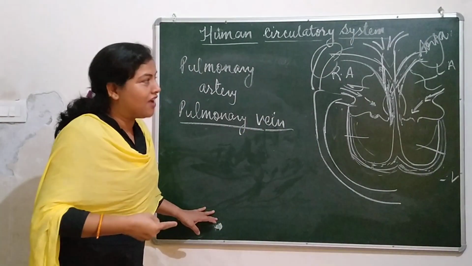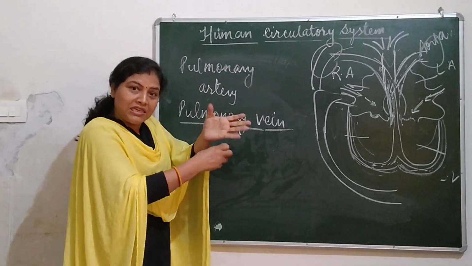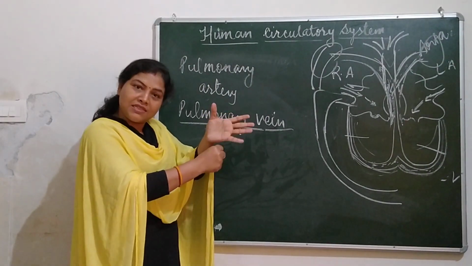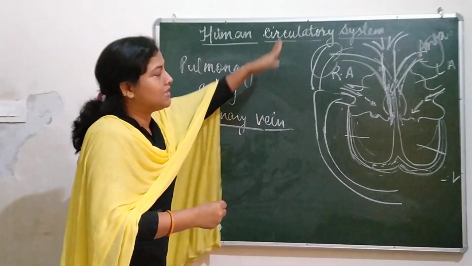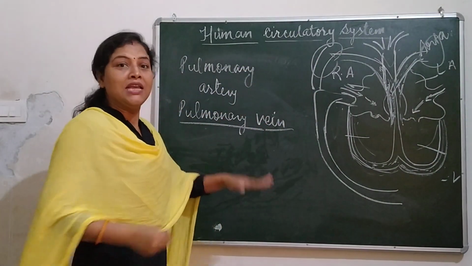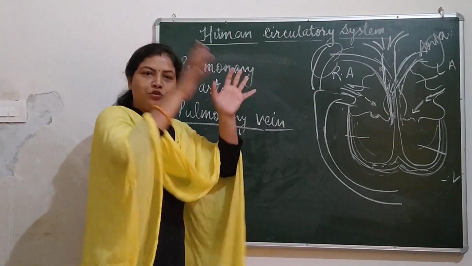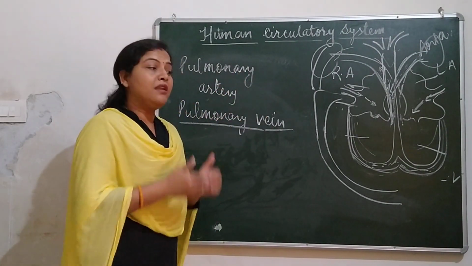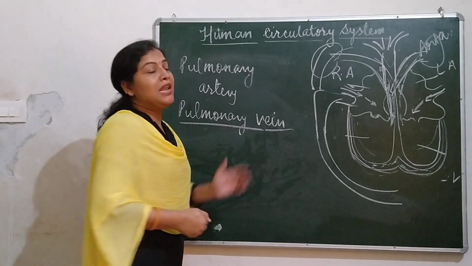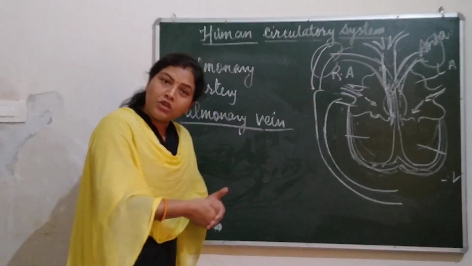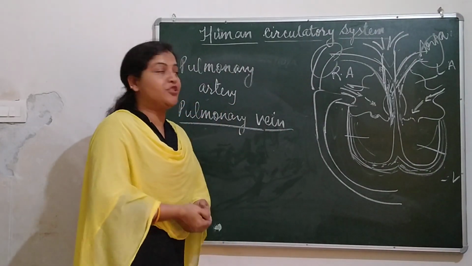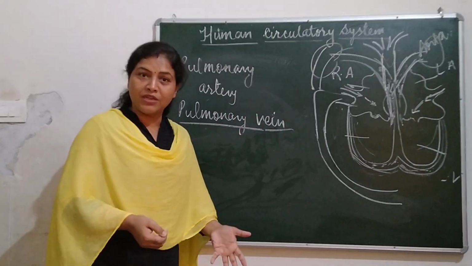So that is why I have told you this is continuous. This process takes place continuously just for giving oxygenated blood throughout the body, so that every cell can get oxygen, cook their food and release energy for their proper functioning.